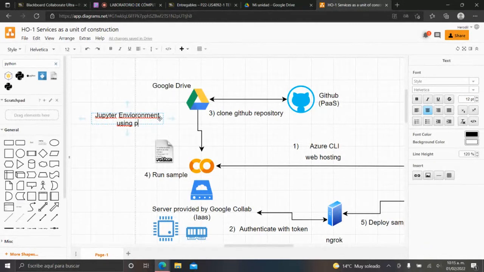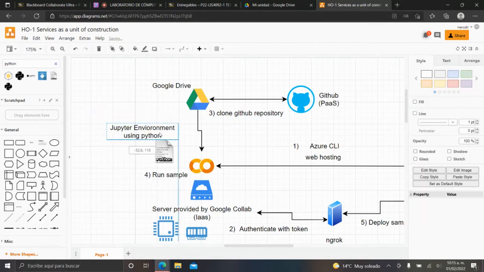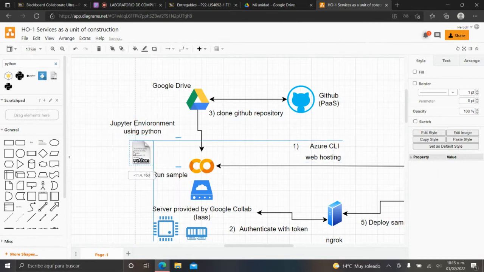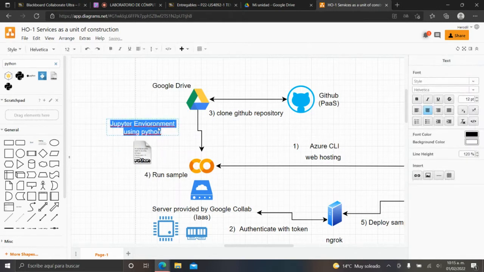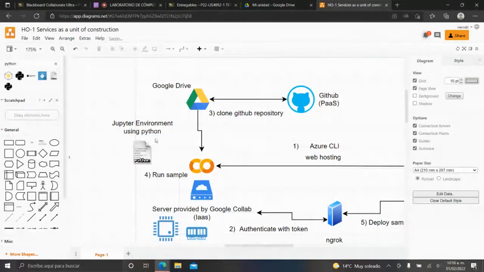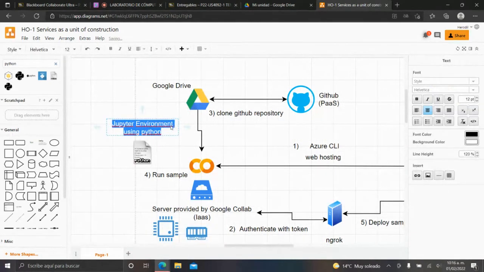You can have F sharp. You see many different languages that can be connected to this Jupyter environment. And it's just that the unit of construction is this notion of notebook. So you have the Jupyter environment.